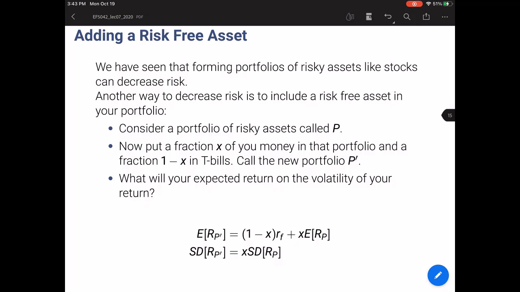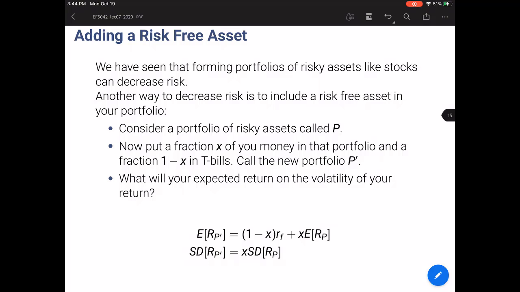And today we saw that our possible set of portfolios, as represented by combinations of expected returns and volatility, becomes more efficient as we include more assets into it. And another way to decrease the risk even further is by adding a risk-free asset. We can see this by simply doing some basic algebra, and then we will see this graphically in the next slide.